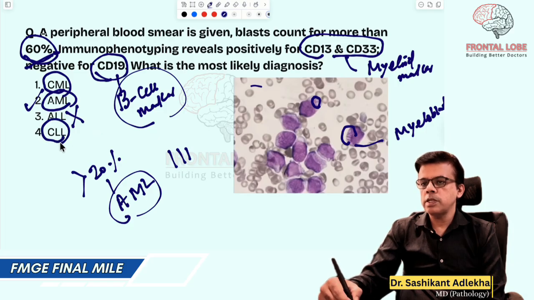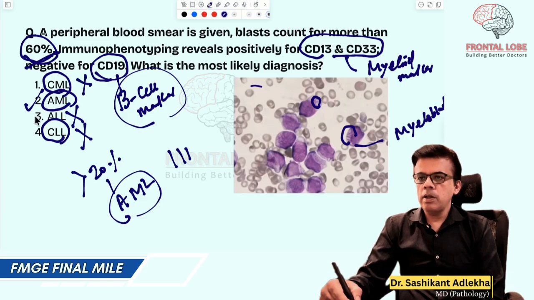CLL is a B cell tumor, so B cell markers would be positive, and CD13 and CD33 are not markers of lymphoid cells. So CLL is also ruled out, and in CLL you will not see so many blast cells. So CLL, ALL, and even CML are ruled out. So the correct answer will be AML.